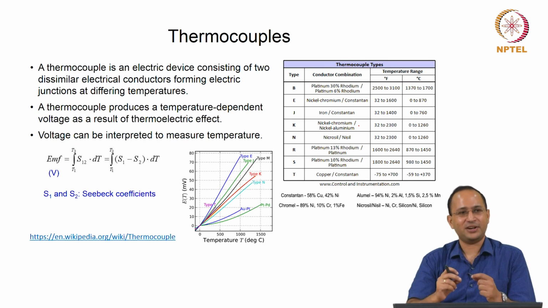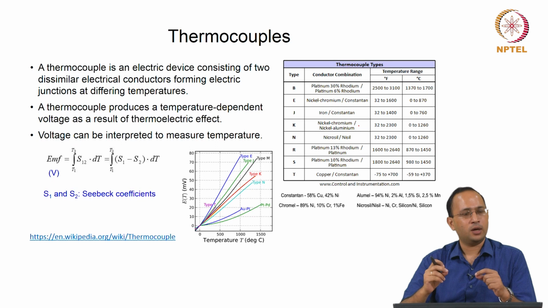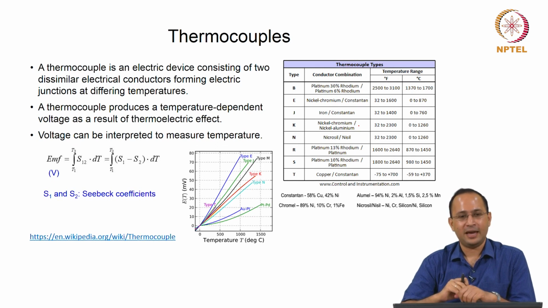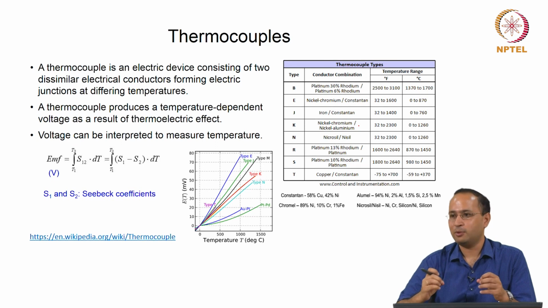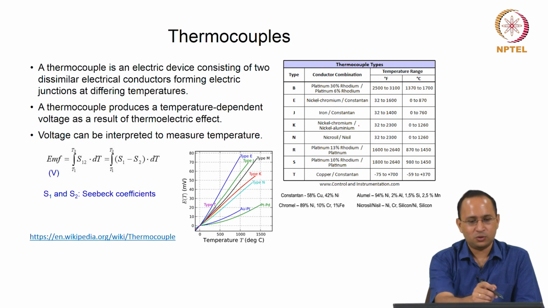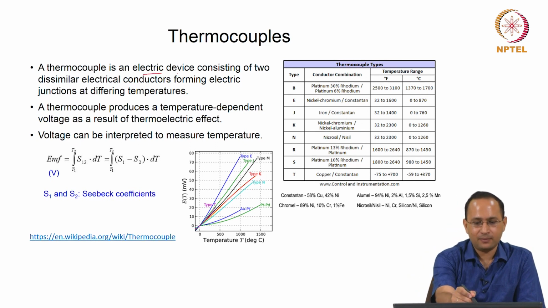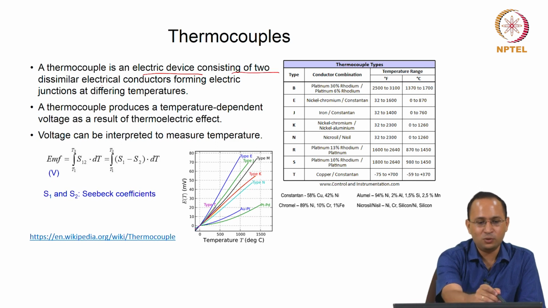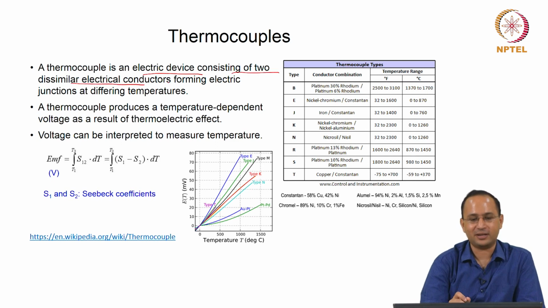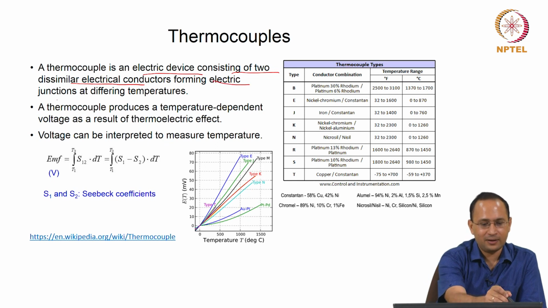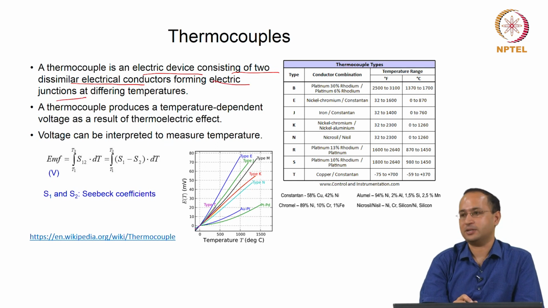Basically it relies on a principle that when you join two dissimilar metals, for example, and there is a temperature difference, that will lead to a thermoelectric current, and by measuring that voltage we are able to measure the temperature. A thermocouple is an electric device consisting of two dissimilar electrical conductors forming electric junctions at different temperatures, right.